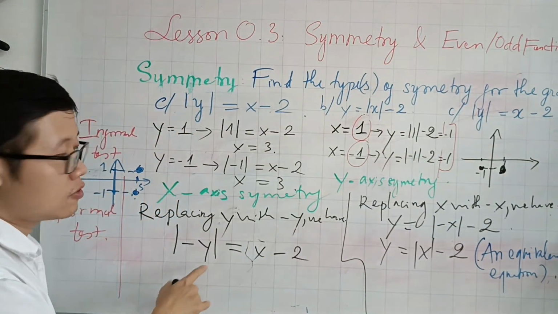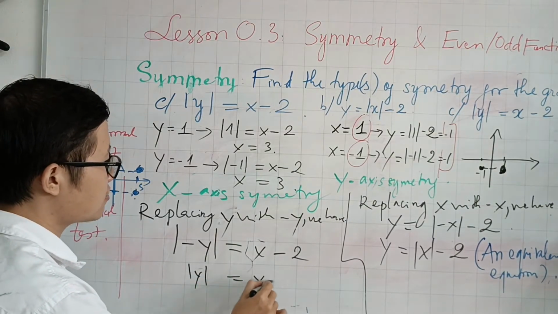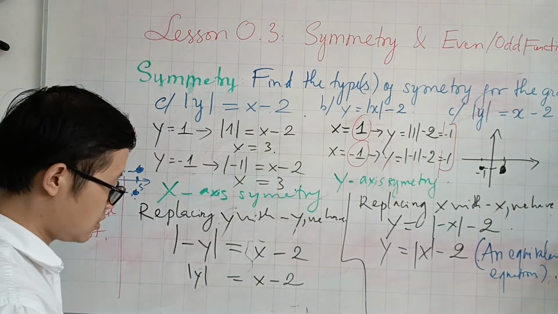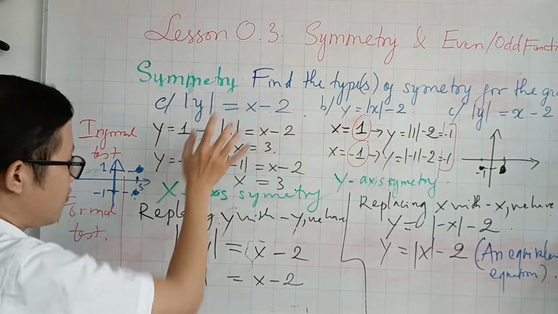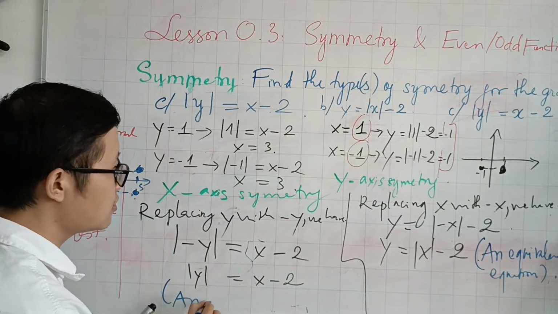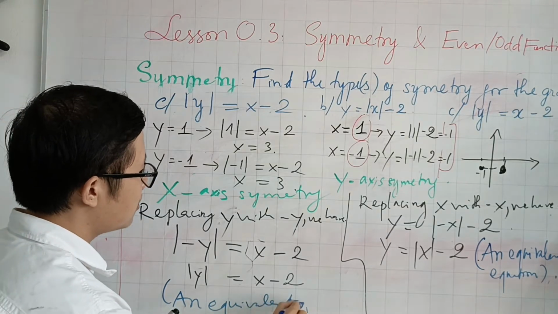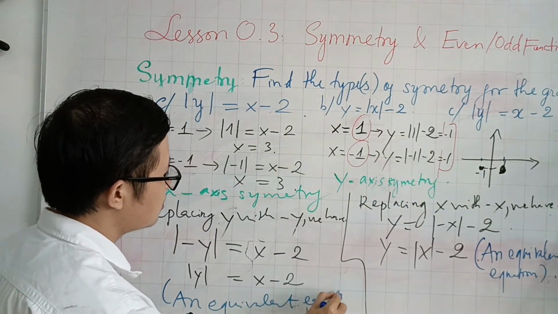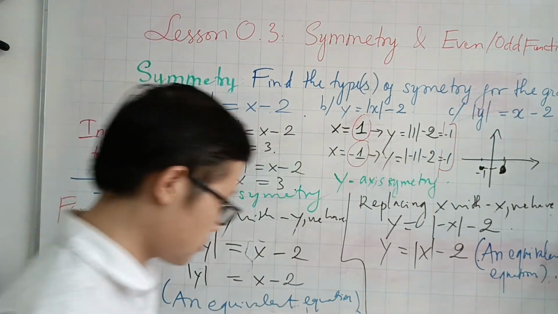Absolute of -y is absolute of y, equals x minus 2. And it is the same as the original function, so we have an equivalent equation. And our question is done.